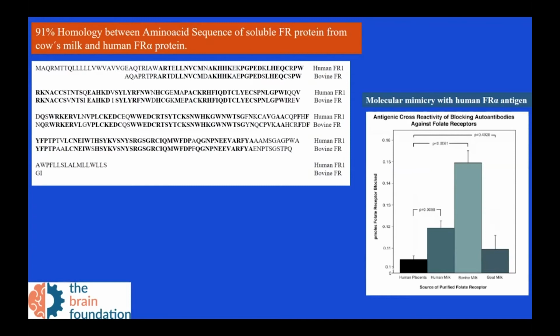On the right, you see different representations of several antigens from human placenta, human milk, bovine milk and goat milk. You see that there was the highest affinity of these antibodies with the soluble folate receptor antigen in bovine milk, and that this cross-reacted with human milk and human placenta.